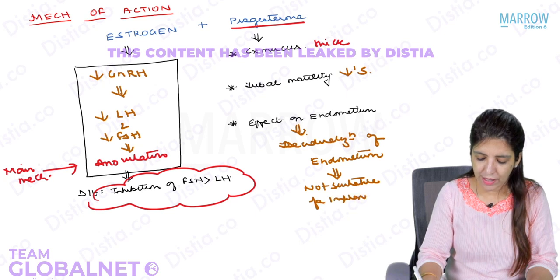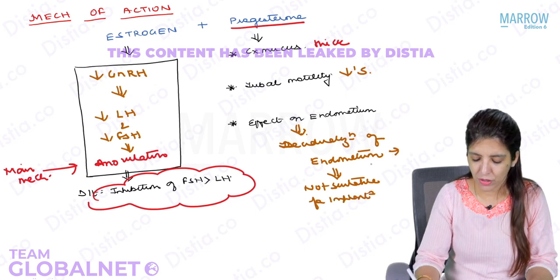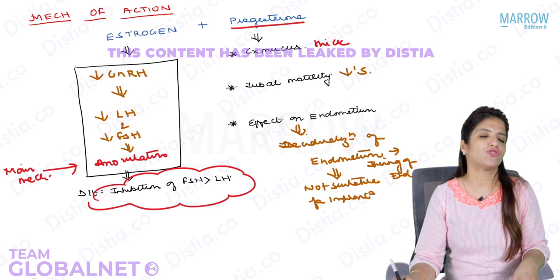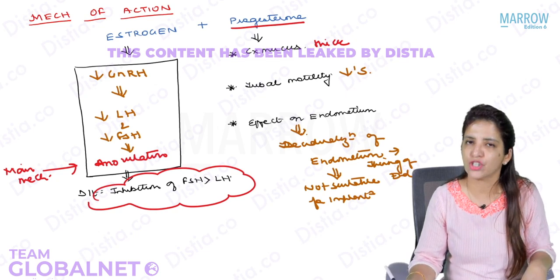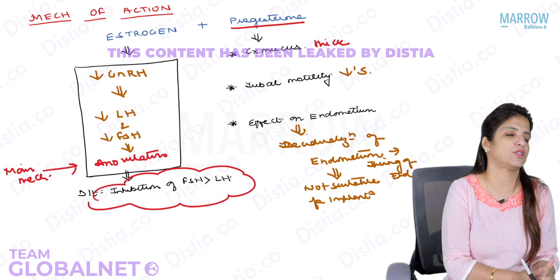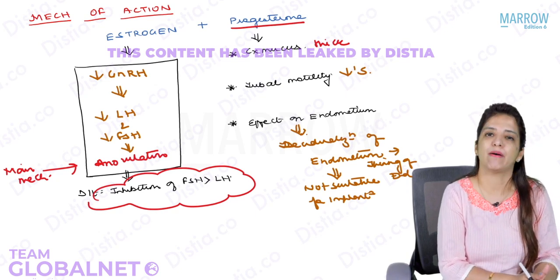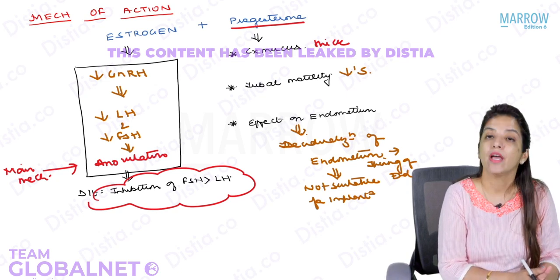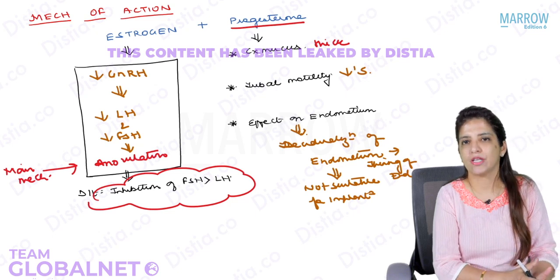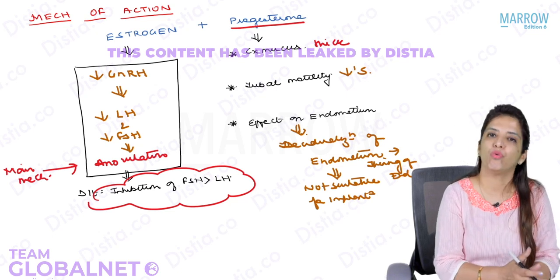Right? So initially there will be decidualization of the endometrium followed by thinning of the endometrium. And this kind of endometrium is not suitable for implantation. These are additional methods by which a pill brings about contraceptive action. But the main mechanism of action is by bringing about anovulation.